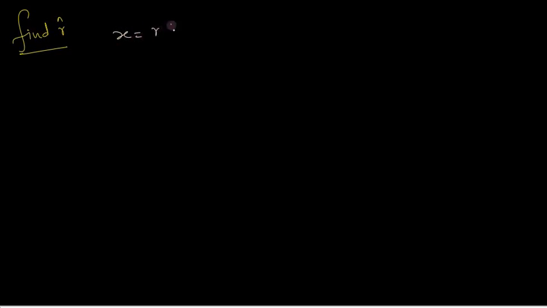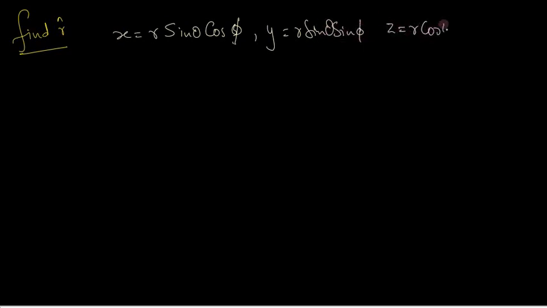We have x is equal to r sine theta cos phi, y is equal to r sine theta sine phi, and z is equal to r cos theta. Let's find this quantity, x square plus y square plus z square.